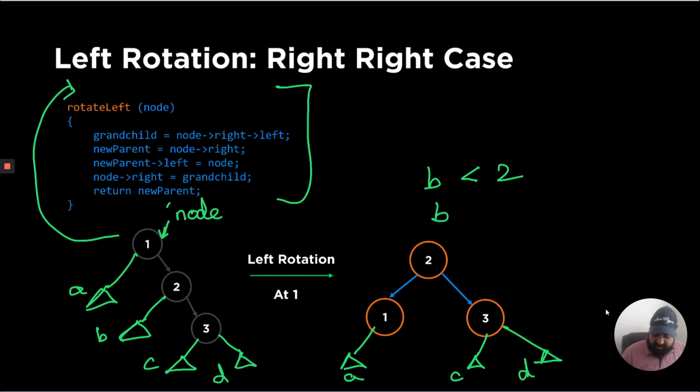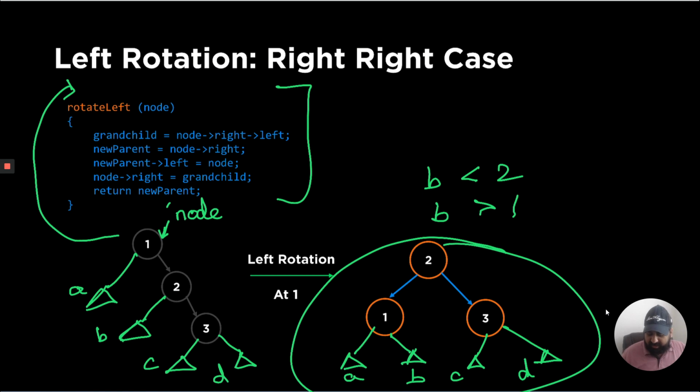Also, we know that B is greater than 1 because it's on the right of 1. So basically we can reorient B to be attached to the right child of 1 in this case. And our tree would look something like this.